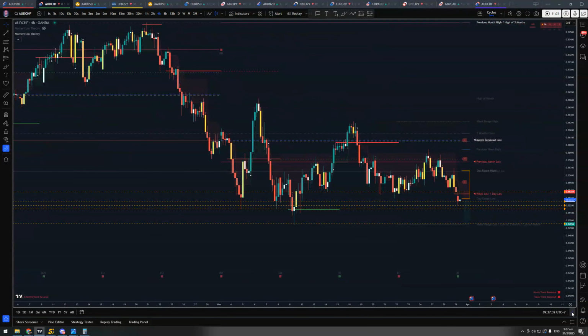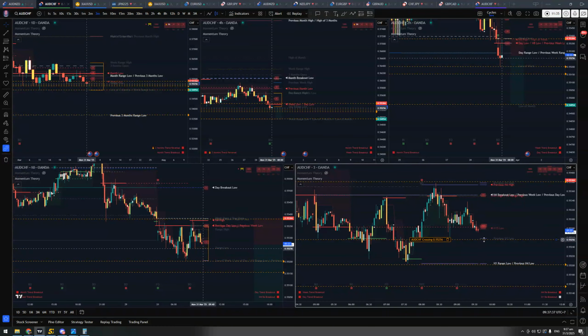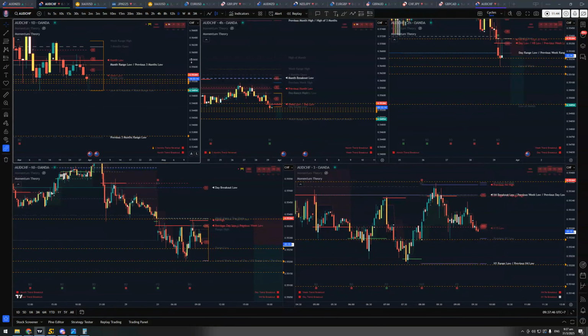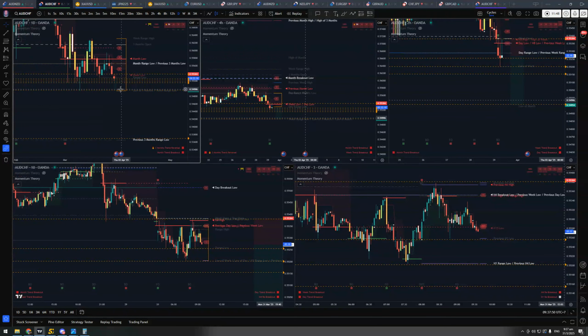So these are going to be the places I'm going to be looking at. Going to size in when we get here, and another one down below here. This is going to be the first target, which was low of that 3 months range low. And if we can break past this range, then I'm going to be holding it down to 3 months range low.